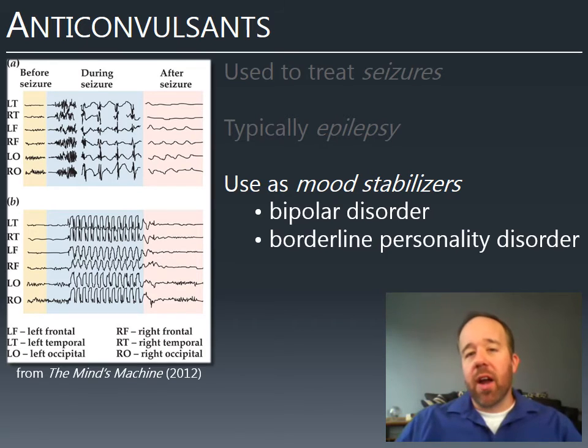So we're always figuring out new uses for these drugs because, as we've already seen, the brain is a very complex machine. And very few drugs have one effect and one effect only. So we're always discovering more and more effects of drugs, and sometimes they're beneficial and sometimes they're not. More often the latter, but in this case, we found a new use for an existing class of drugs.